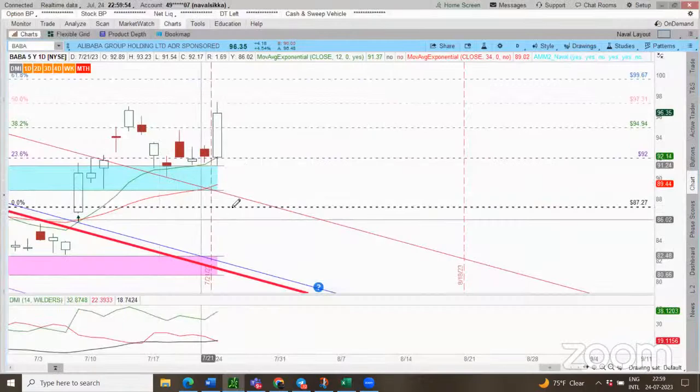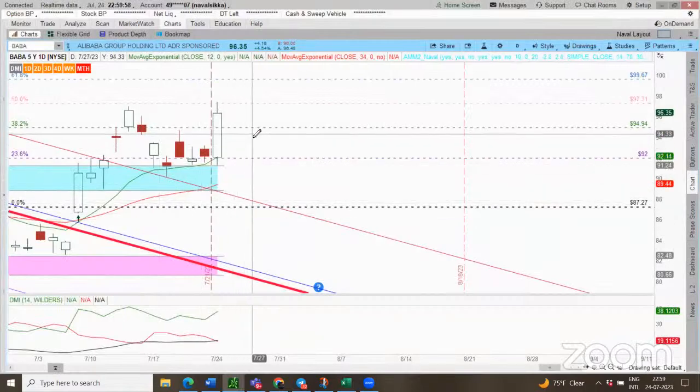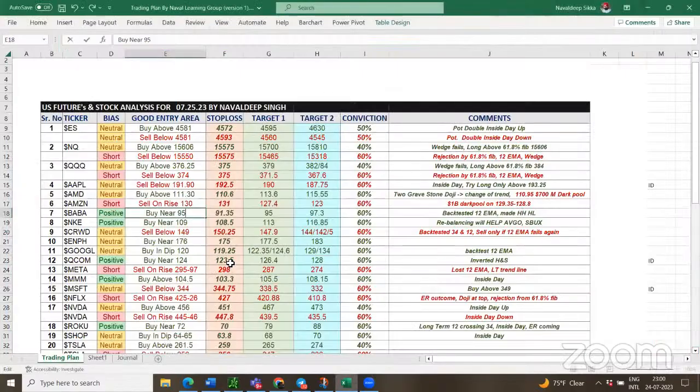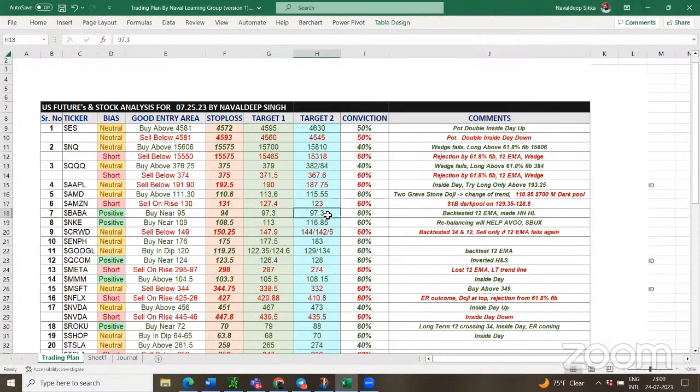I think Baba will give opportunity around 95. Stop loss should be the doji here, 94. Target 97.30, 99.75 or 99.70. Finally, breakout happened.